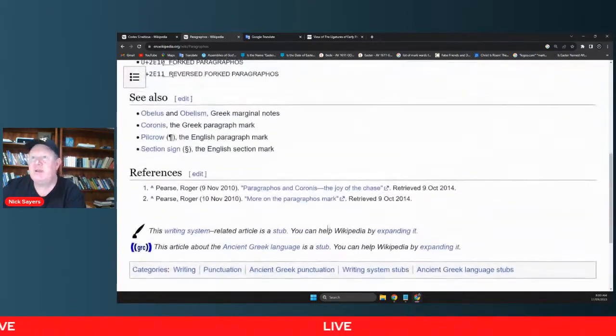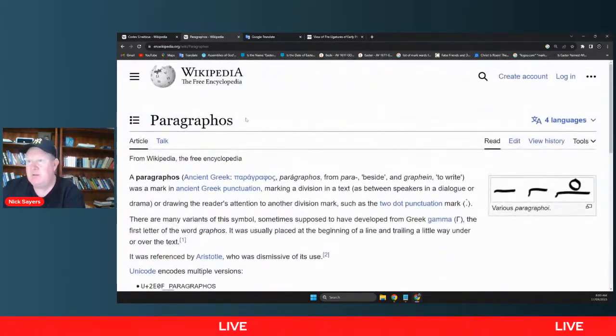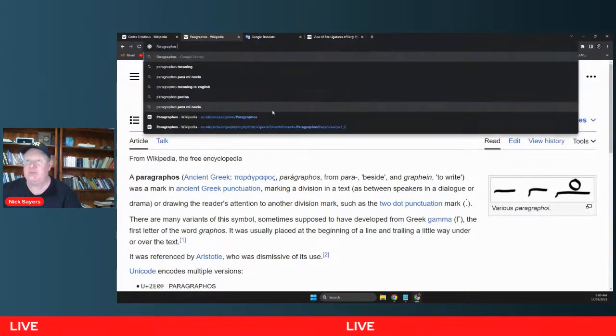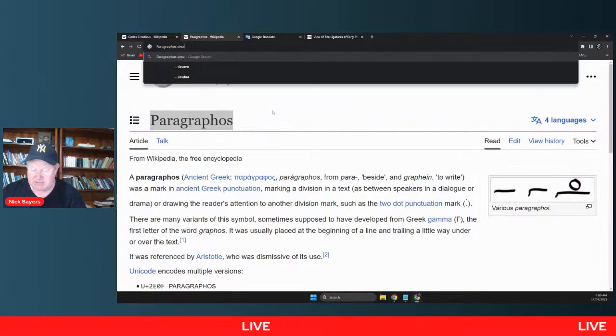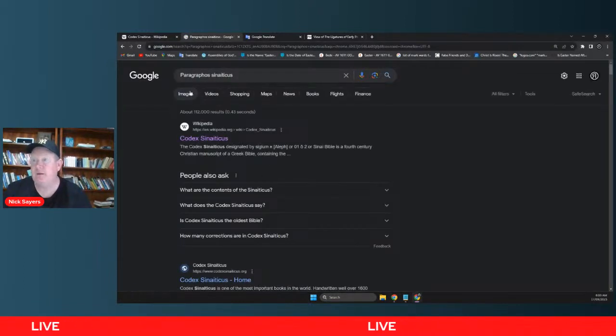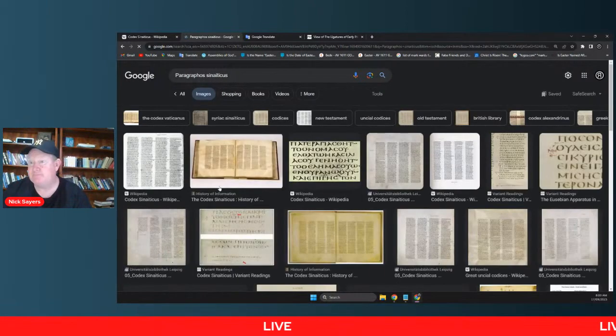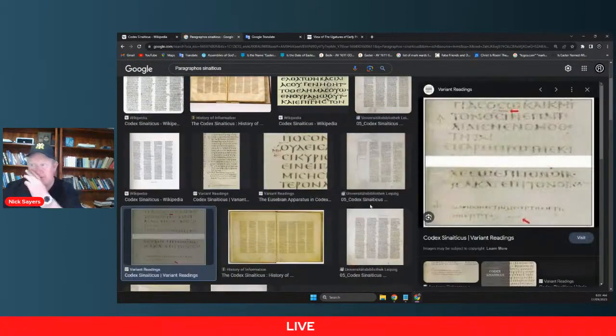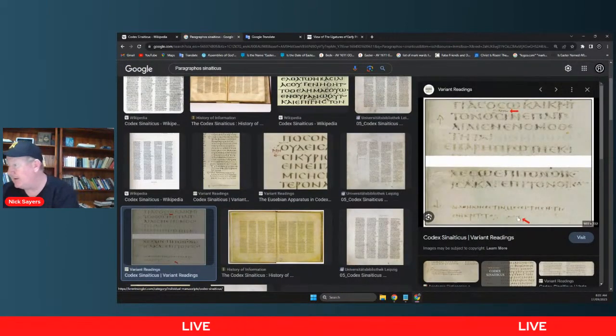So I wonder if I can actually get some pictures of this phenomenon. Maybe I can type in paragraphos. Okay, that's good. So that's what they're talking about here. These little writings, or are they?